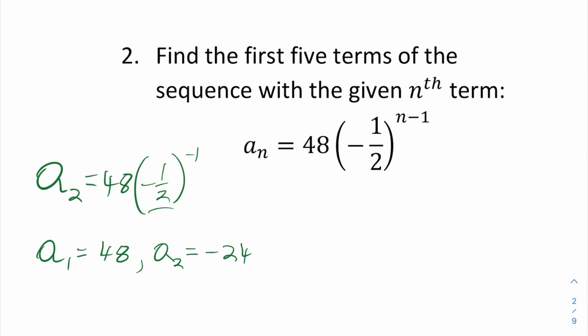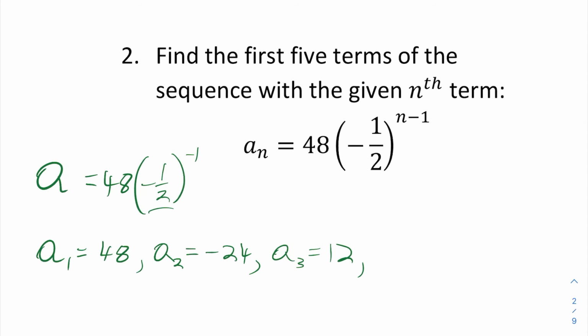Now we're looking for A3. So A3 is going to be 48 times negative 1/2 squared. Negative 1/2 squared is positive 1/4. And 48 times 1/4 is 12. So A3 is 12.